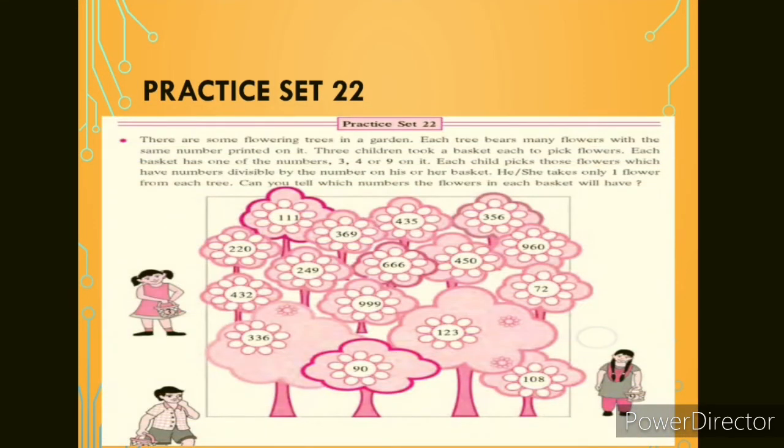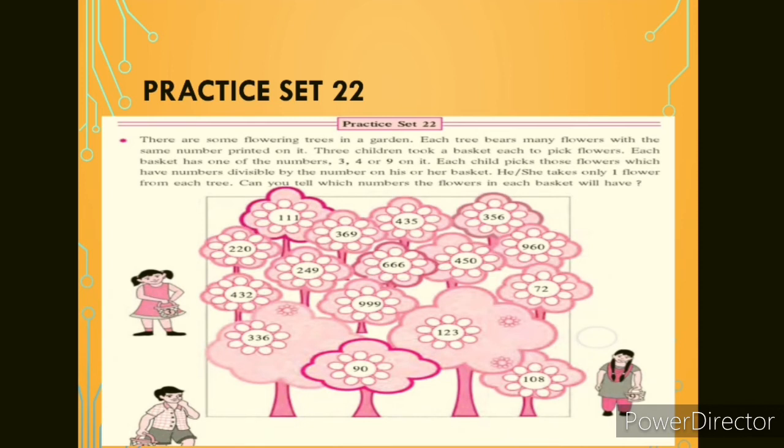Now next one is practice set 22. Okay, the question given here is, there are some flowering trees in the garden. Each tree bears many flowers with the same number printed on it. 3 children took a basket each to pick flowers.